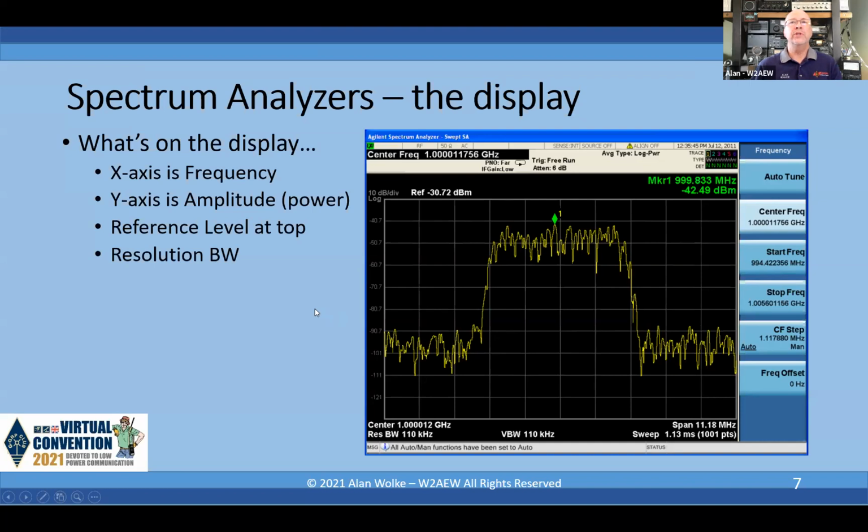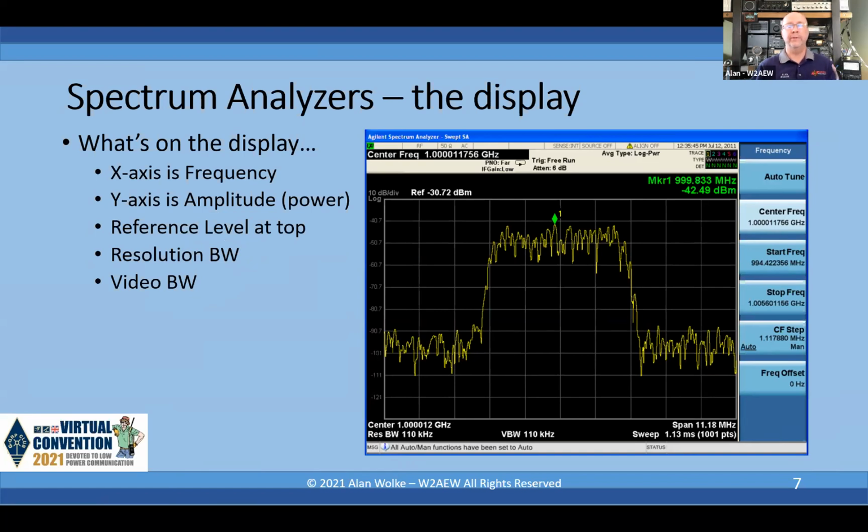The resolution bandwidth is also shown. We see it says res bandwidth right down here. They're often called RBW, is what you'll hear me say, and I'm just slipping that in there. I'm talking about resolution bandwidth, and that's akin to the bandwidth that you might set your receiver to. You might have a filter set to 2.6 kilohertz or 2.4 kilohertz or 3 kilohertz for receiving single sideband.